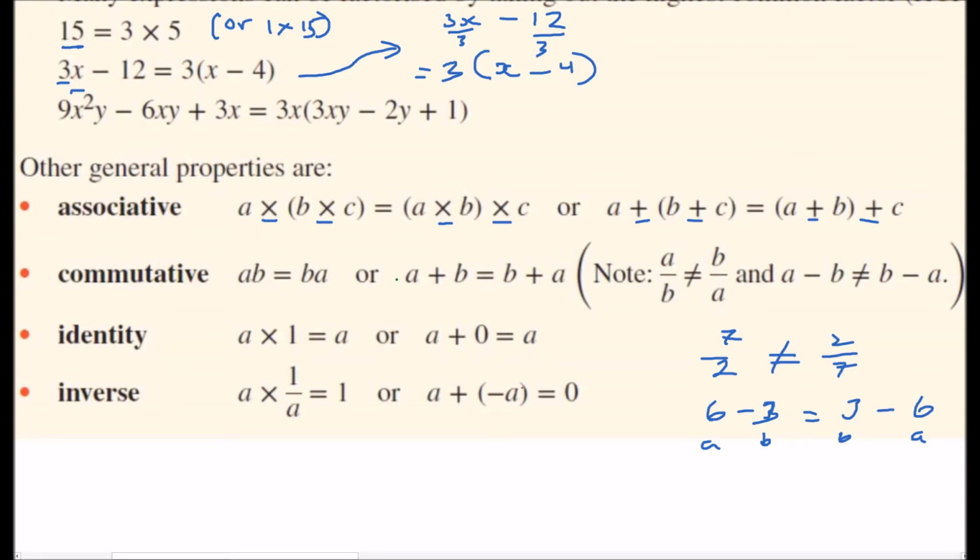Identity, just think of that as when you multiply a variable by 1, you get the same exact variable back, or when you add a variable to 0, you still get the same variable. And inverse is the opposite of that variable. The opposite of times a would be divided by a, and the opposite of plus a would be minus a, or negative a.